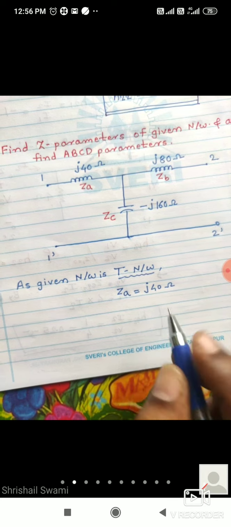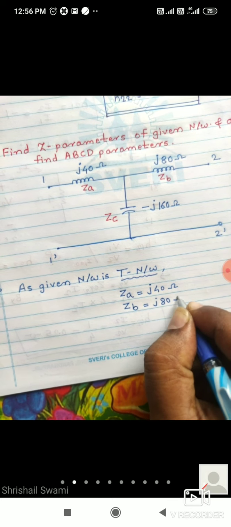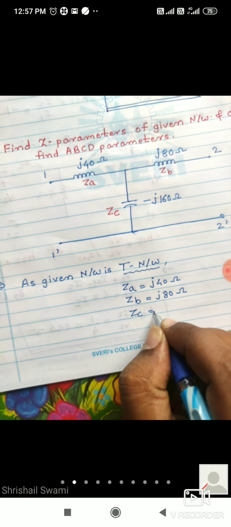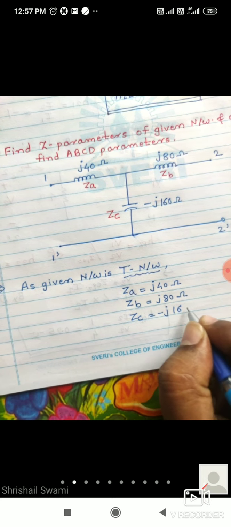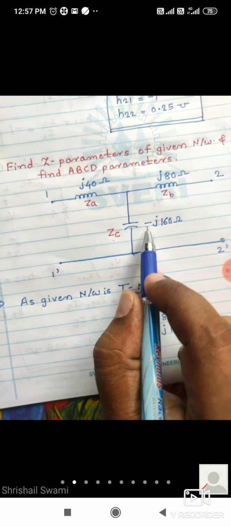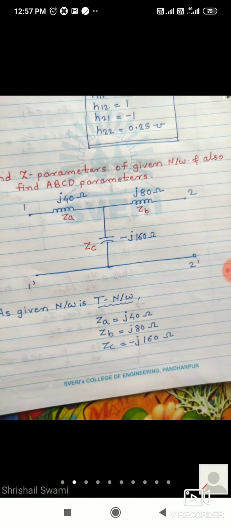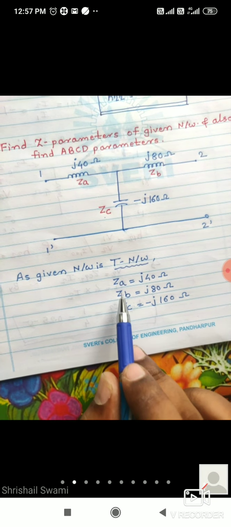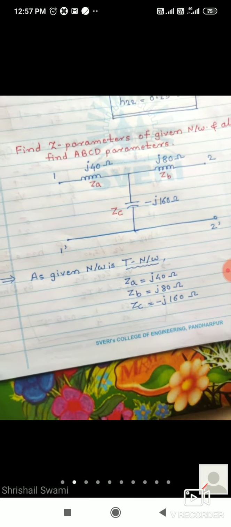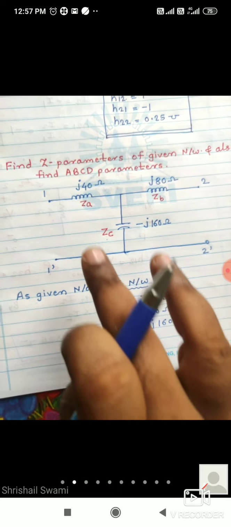So ZA is equal to J40, ZB is equal to J80 and ZC is equal to minus J160 ohm. So the capacitor's impedance is always negative, remember that. And the inductor's is always positive. That you can keep in mind. Okay. So these are called as what? Elements of T network.